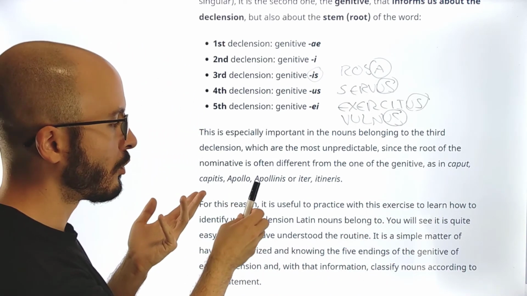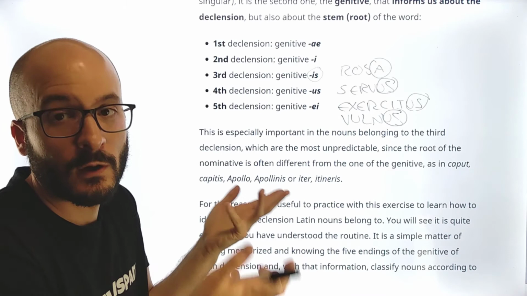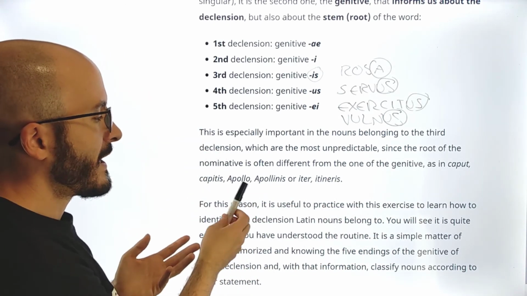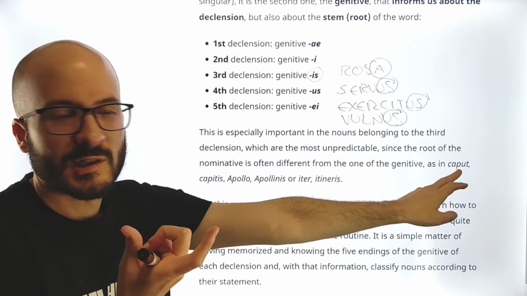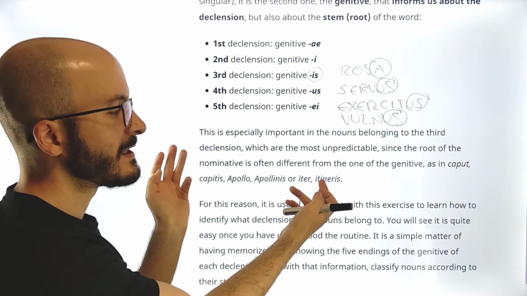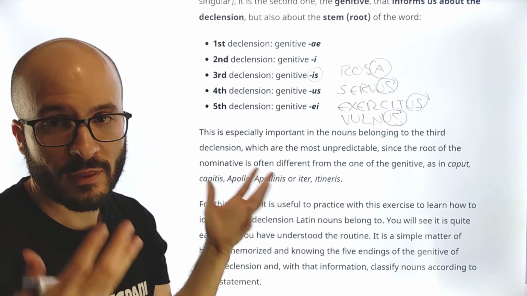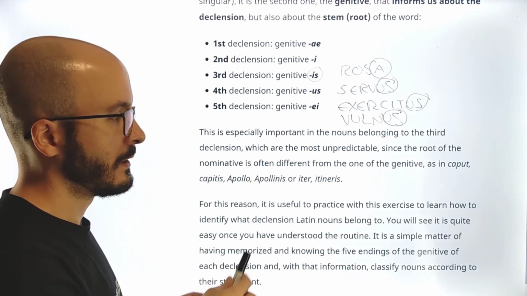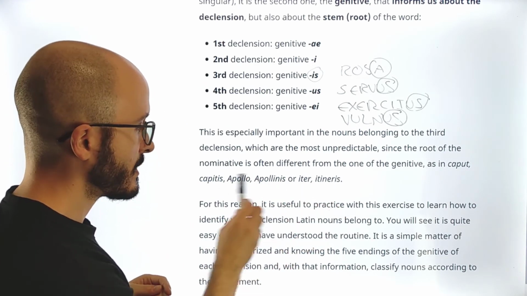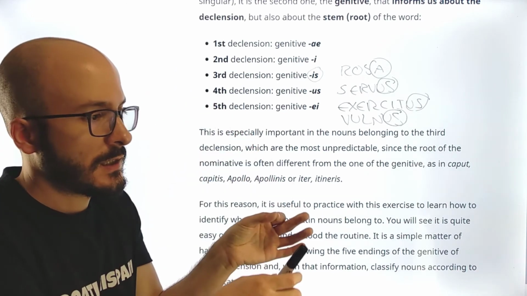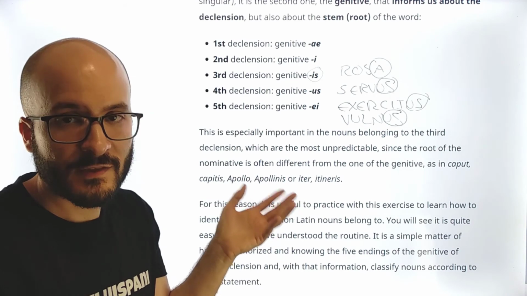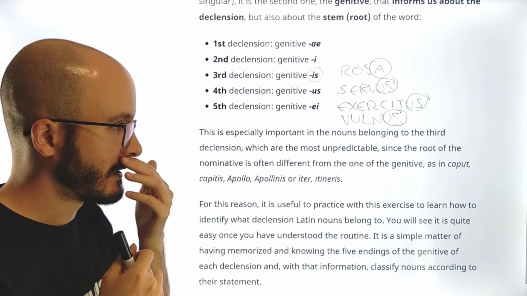Then Apollo, Apollinis, which of course is the god Apollo. Why Apollinis? Why not Apollutis? Or iter, itineris. It's super unpredictable. The third declension is super unpredictable. But if we have the genitive, the genitive is the genitive, and it never cheats, it never deceives. And that's the importance of all of this statement thing.